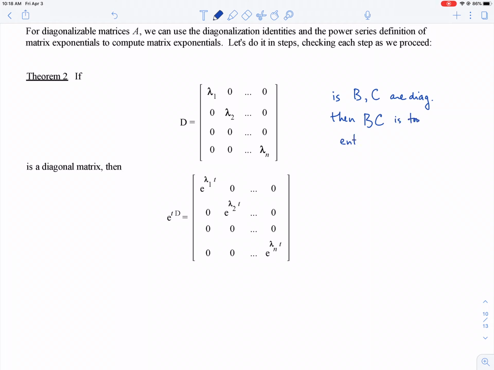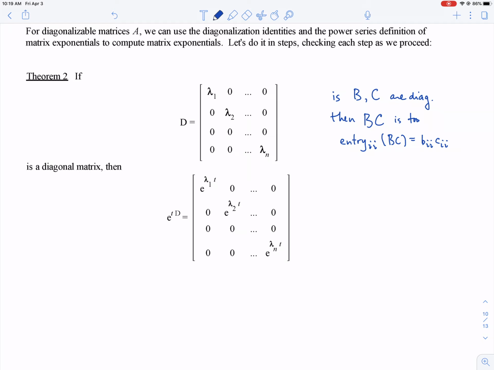And the ii entry of BC is just the product of the ii entry of B times the ii entry of C. And so it's the same if you take multiple products as well.